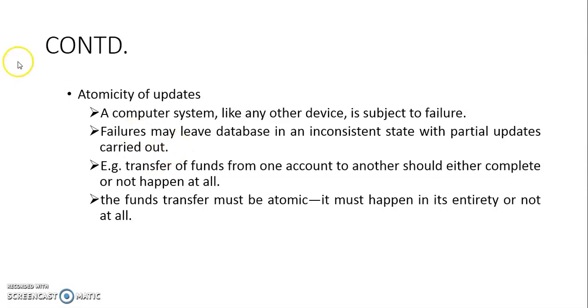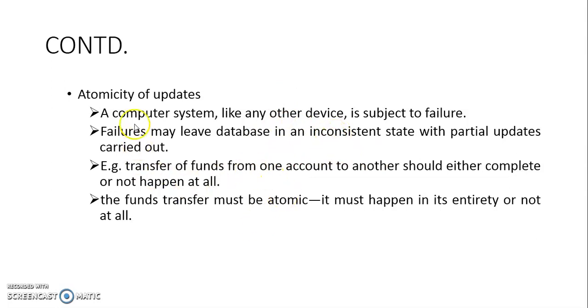But a computer system is subject to failure. The system can fail at any condition, at any time. So if you are using a file system, the state will be inconsistent, and the operation will be a partial operation. So this is the disadvantage in a file system, that the transaction will not be performed completely.